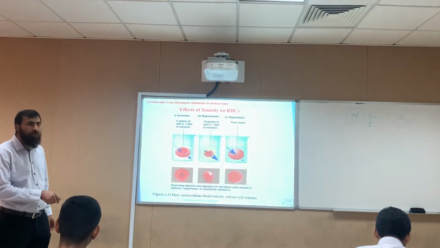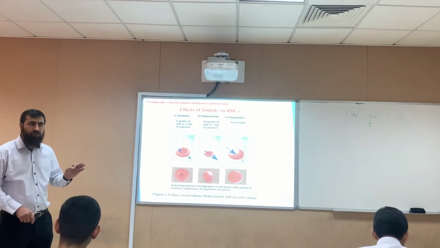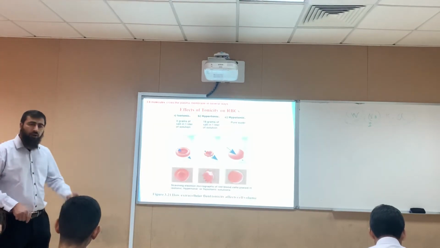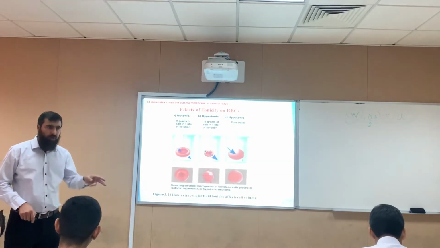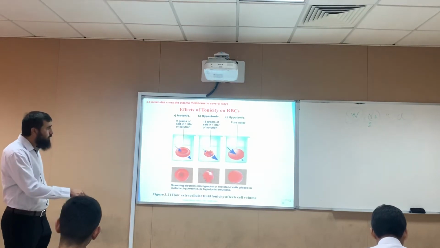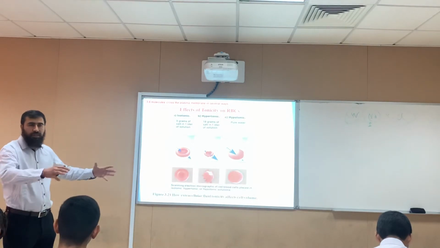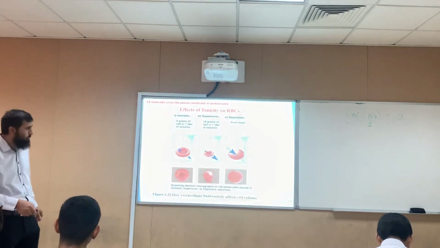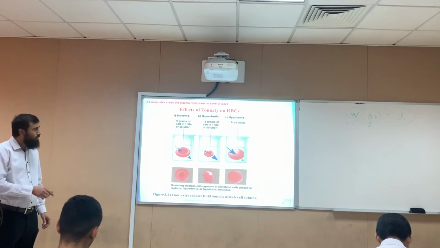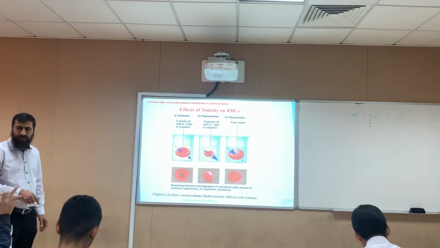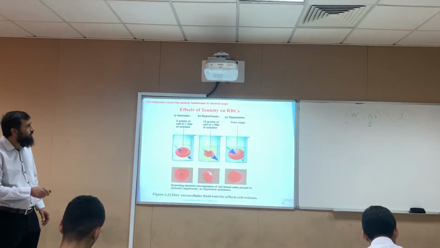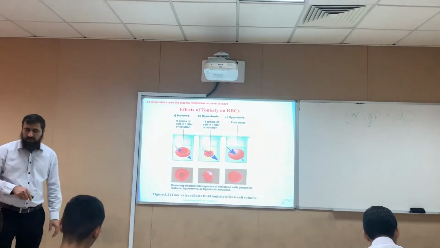Water likes to move from high water concentration to low water concentration, or from low solute concentration to high solute concentration. So you get movement of water into the cell, it enlarges and bursts. You've done this experiment in the lab with red blood cells. That's what RBC is.